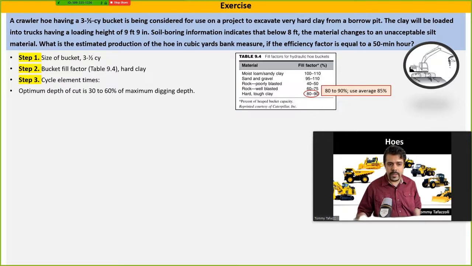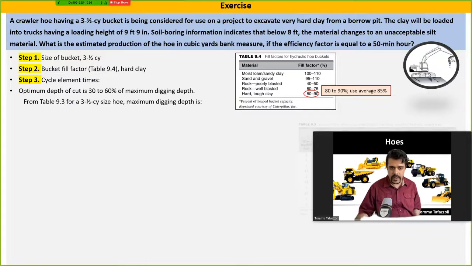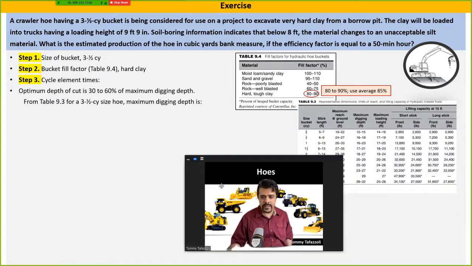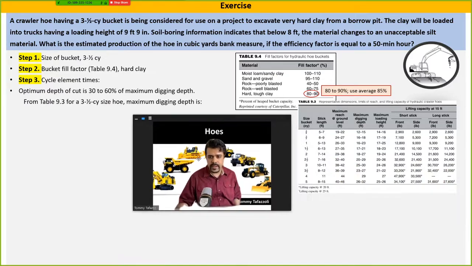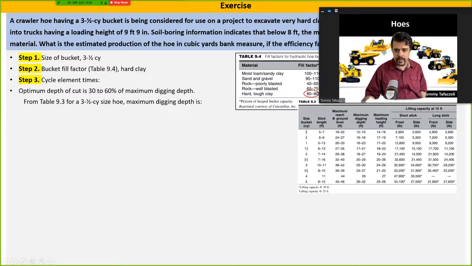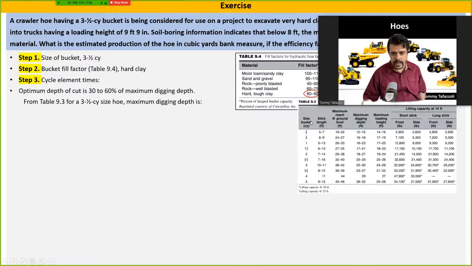So we just take that as the fill factor. Then the optimum depth of the cut is between 30 to 60% of the maximum digging depth. Okay, so we have a table. From this table, what we can get is that it depends on the size of the bucket. Remember, I said we needed to use the information, the tables. This is one example. The size of the bucket here is 3.5.